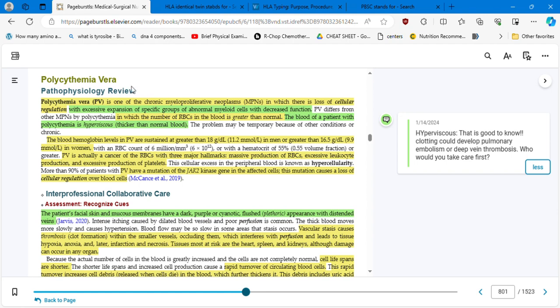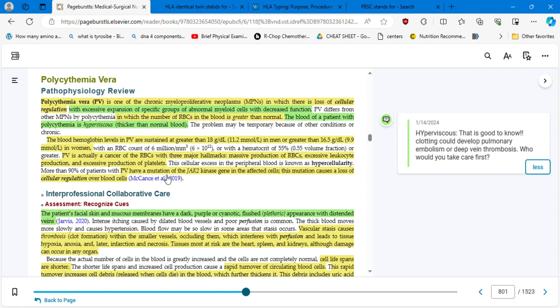Polycythemia vera. Poly, multiple. Okay? Basically excessive RBCs, excessive WBCs, excessive platelets.